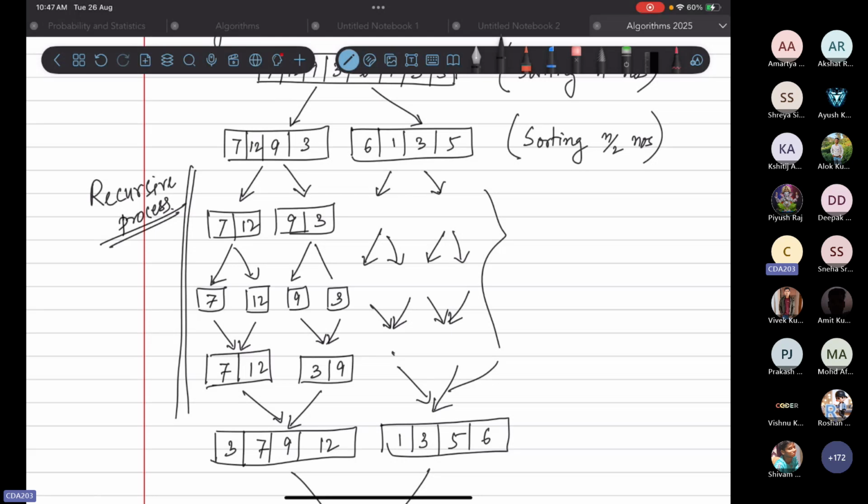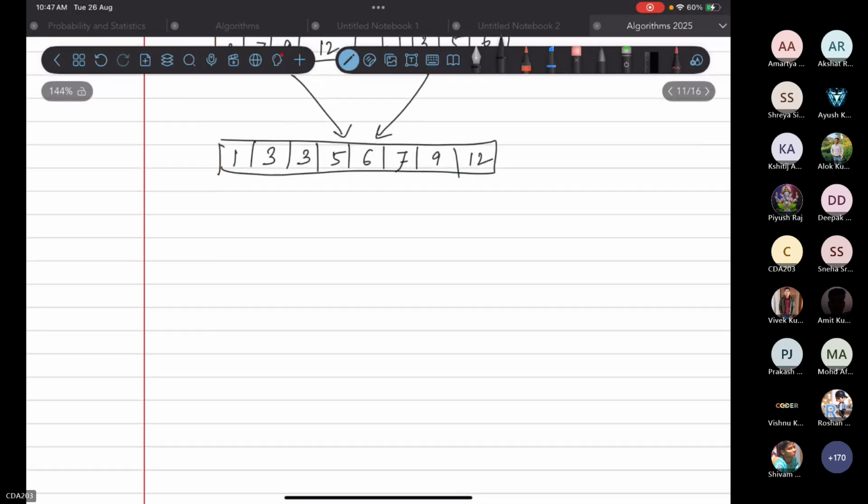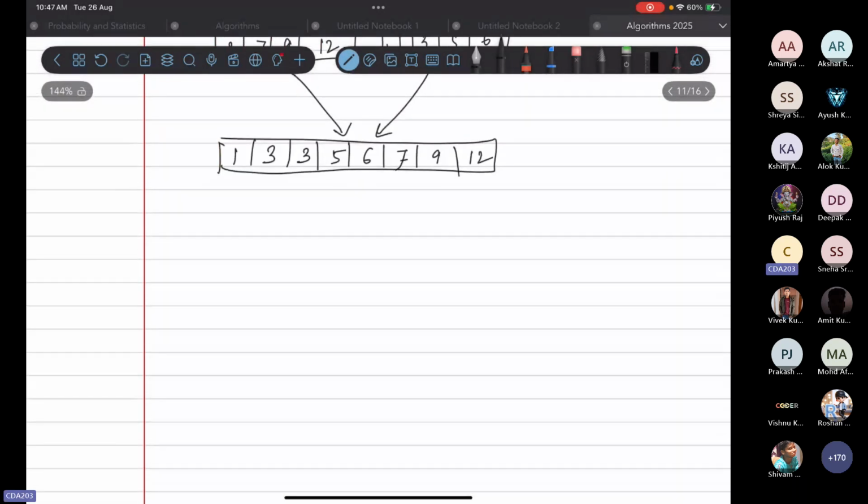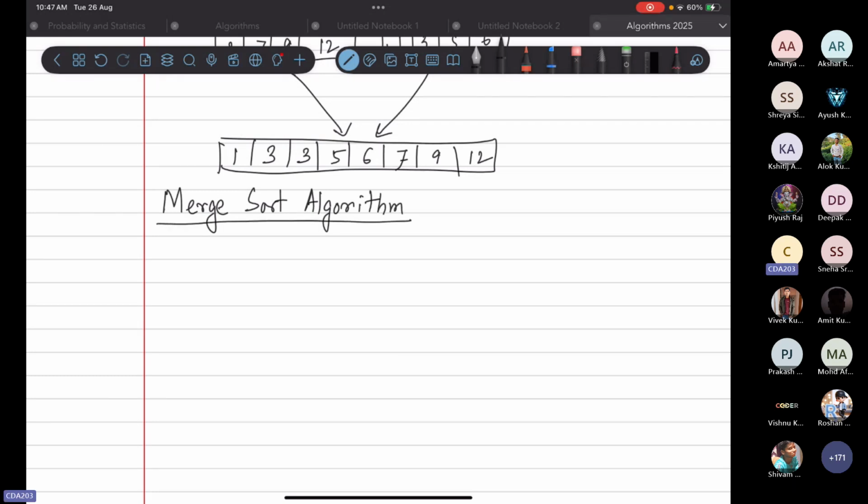Now, how do I write the pseudocode of this merge sort process? This is nothing but the merge sort algorithm. Okay, so what is my first step?